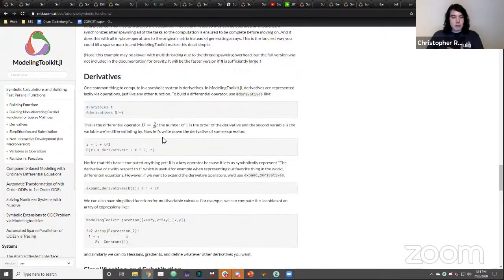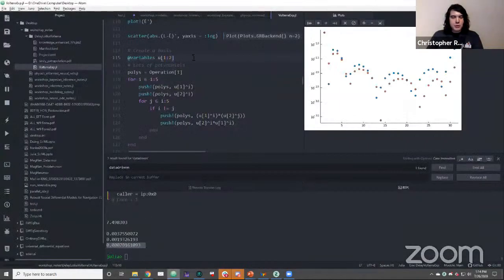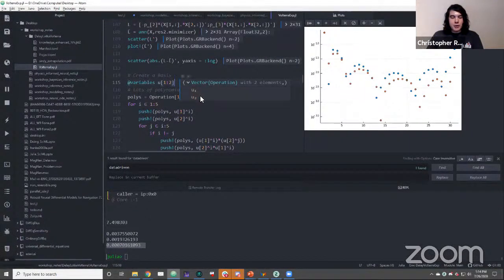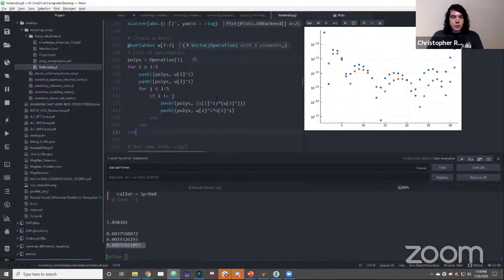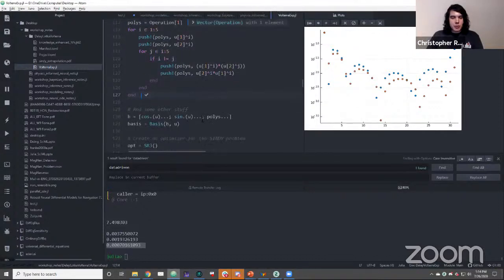What we want to do is represent the possible functions that we can have in ModelingToolkit here. So here I'm going to say that there are two variables, right? There are two inputs into my function, u1 and u2, and I'm going to build a basis of a bunch of different polynomials.